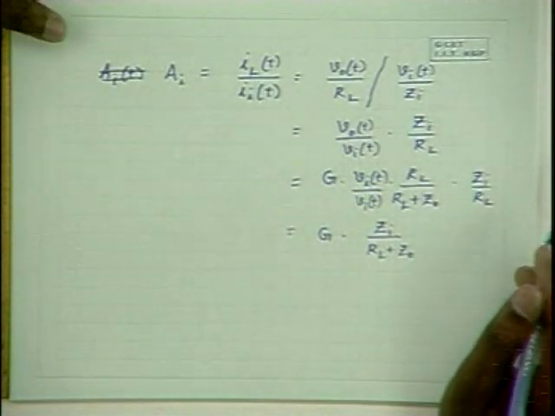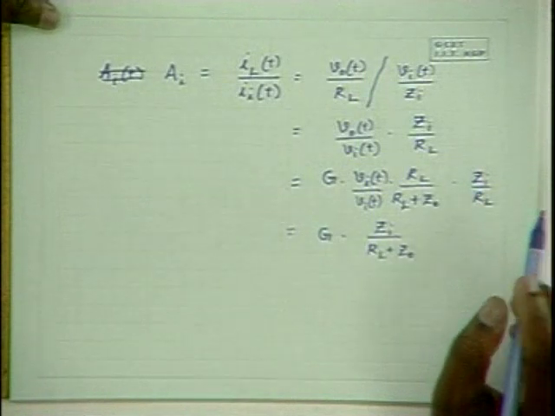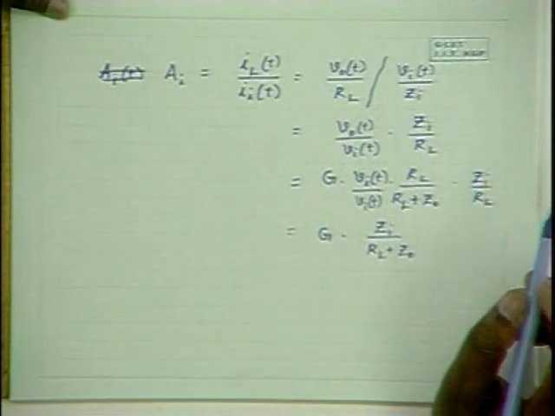Once you know the concept of input impedance, output impedance, current gain, and voltage gain, the problem of finding the gains boils down to a simple analysis of this type. Any questions?